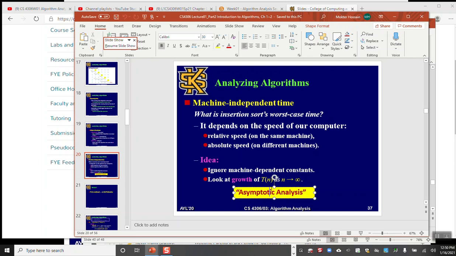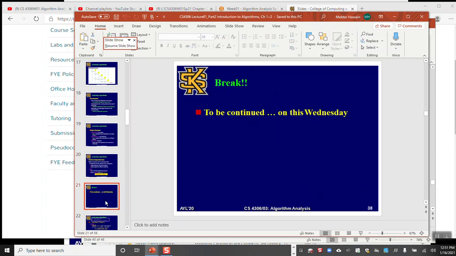If you took a discrete math course, you will know what asymptotic analysis is: the condition at a very far or infinite distance. That means we will consider a very large n. Since n is an integer, it does not have an actual infinite value, but a very large value. So n tends to infinity, meaning n is not an infinite number, but a very large number. We'll consider that.